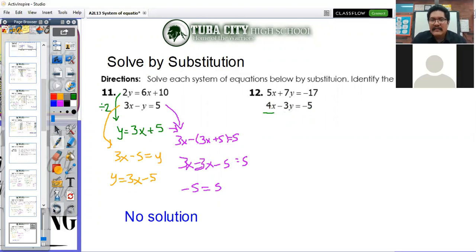We don't want repeating numbers because you can't work with repeating numbers. You cannot add, subtract, multiply, or divide repeating numbers. So I'm going to have to divide everything by 4. Now that means x is going to be by itself.